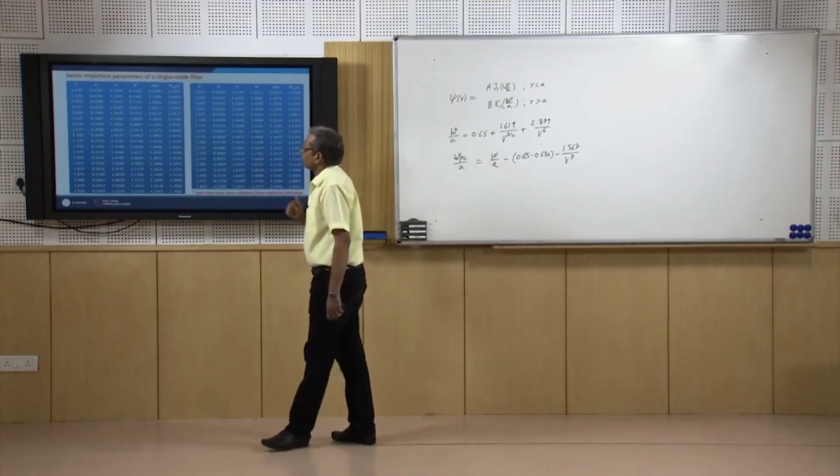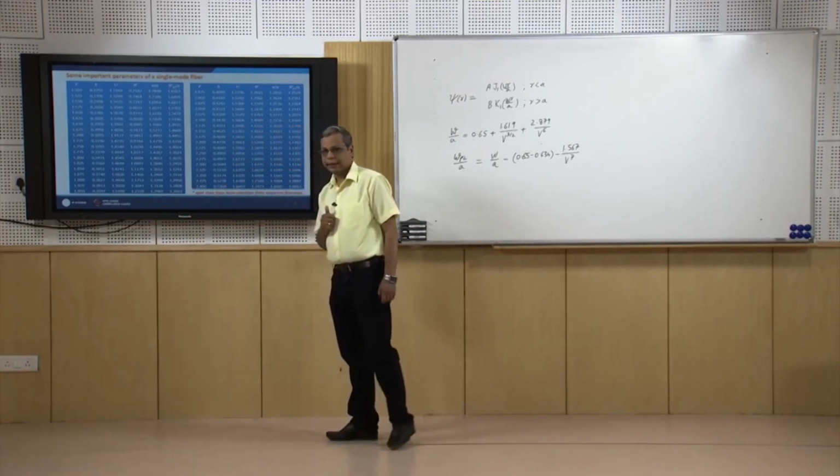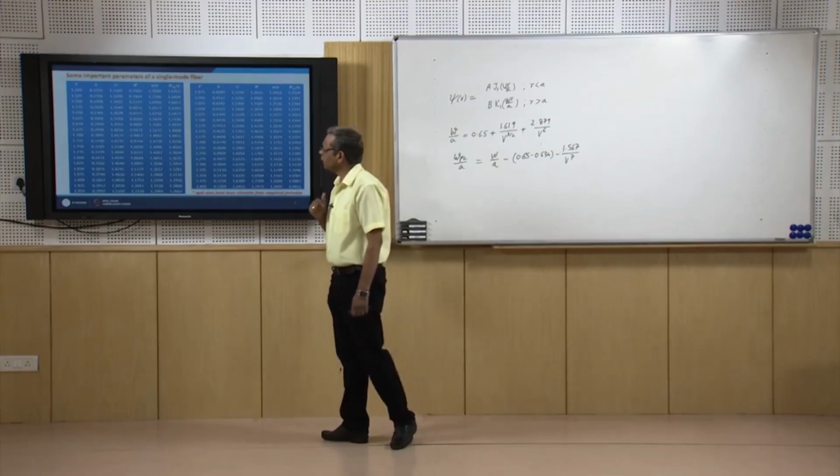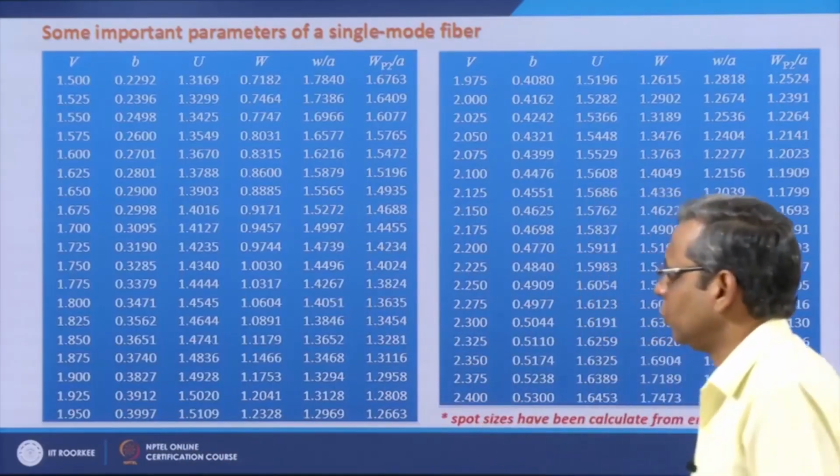Here in this table I have listed some important parameters of a single mode fiber in the range of V from 1.5 to 2.4.